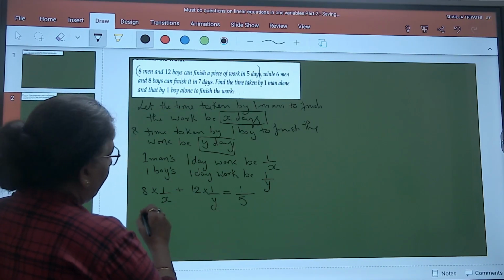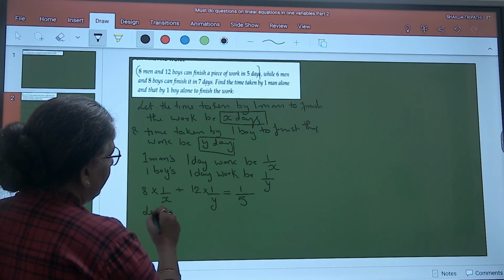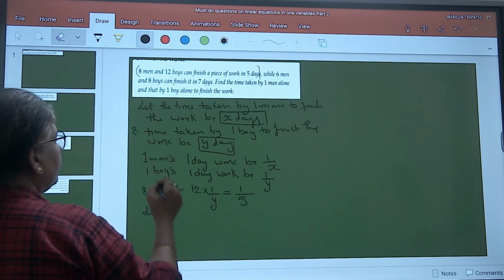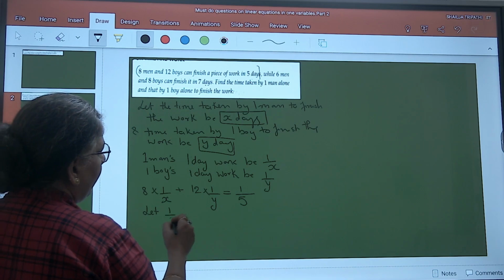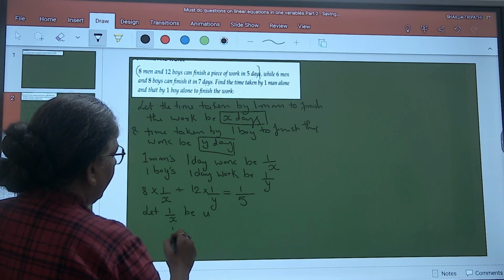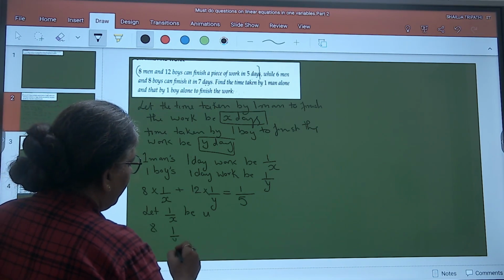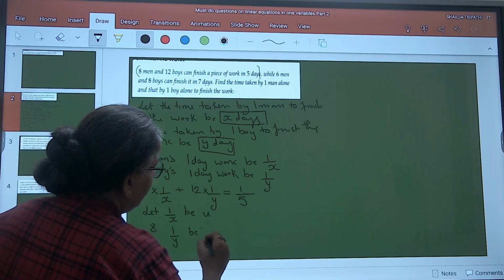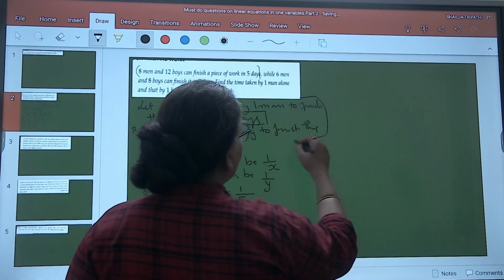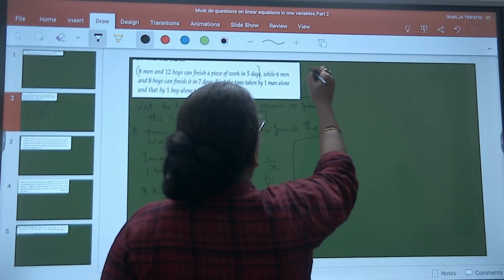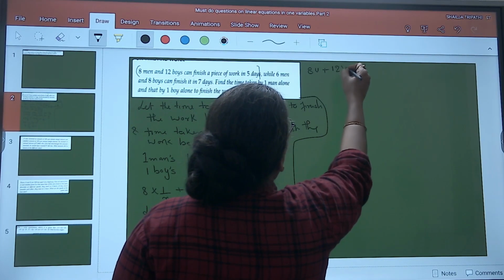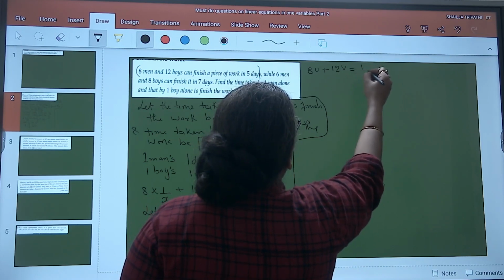Now we'll make an assumption: let 1 upon x be u and 1 upon y be represented by v. So the equation will be reduced to 8u plus 12v is equal to 1 upon 5.